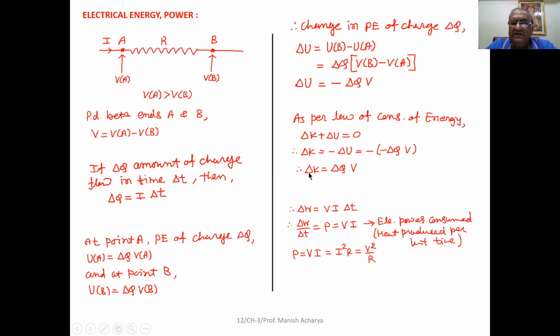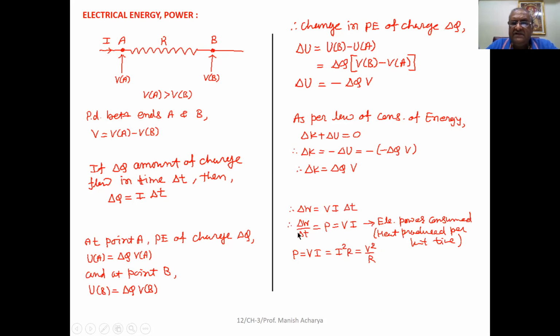So we can write delta W equal to, now here substitute the value of delta Q, I into delta T. So we can write delta W is VI delta T.